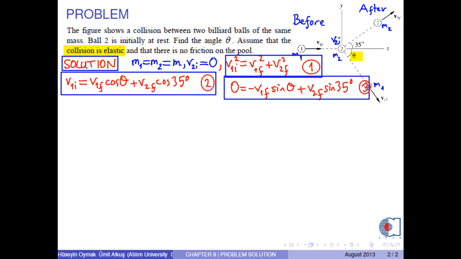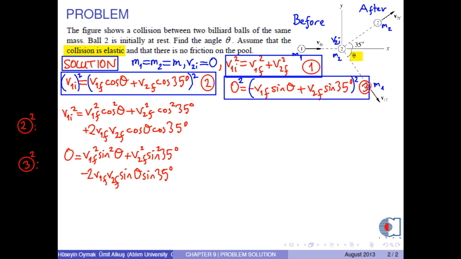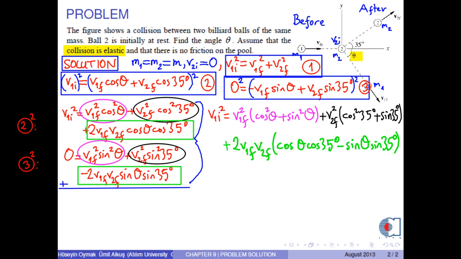If we square both sides of equation 2, we obtain, and if we square equation 3, we obtain, and if we add these two equations side by side, we get, cosine theta squared plus sine theta squared is 1.